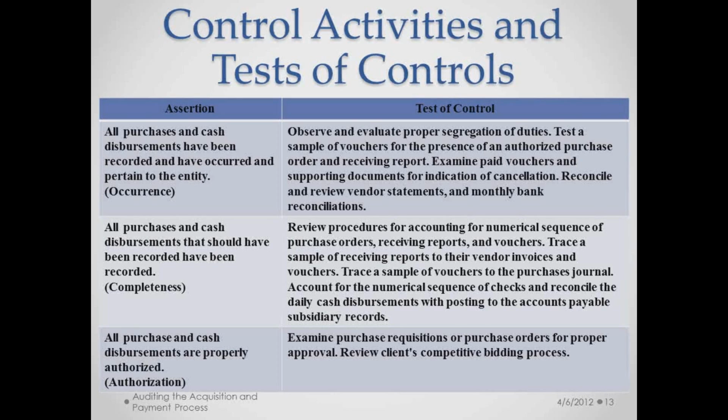Then authorization. So you want to make sure that all cash disbursements and purchases are properly authorized. Look at the purchase requisitions or purchase orders to ensure they meet the company's requirements for approval. And then I talked about reviewing the client's competitive bidding practice.